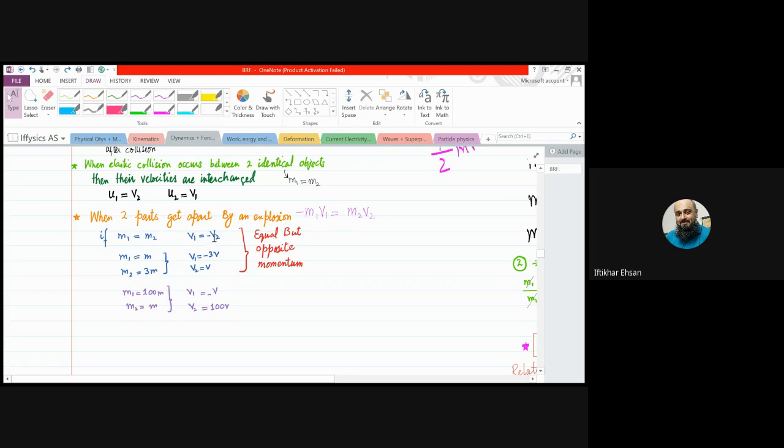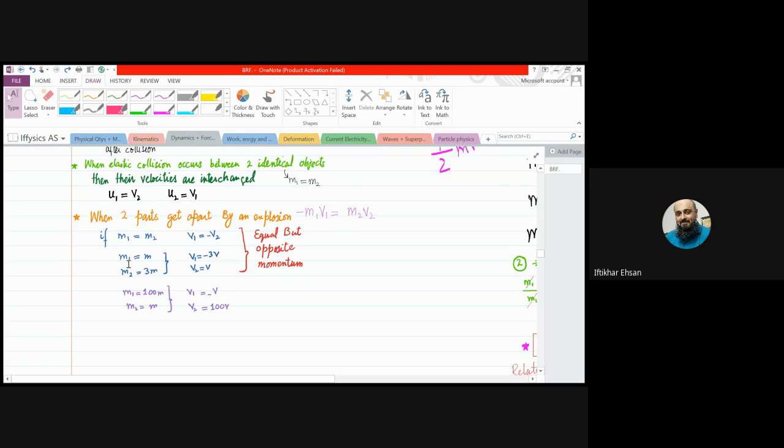But the negative sign shows the velocities will be in opposite directions. If one is right, it's your choice, you write negative with v1 or v2. For showing opposite direction, we have to write a negative sign with any one of them, right? This is important.